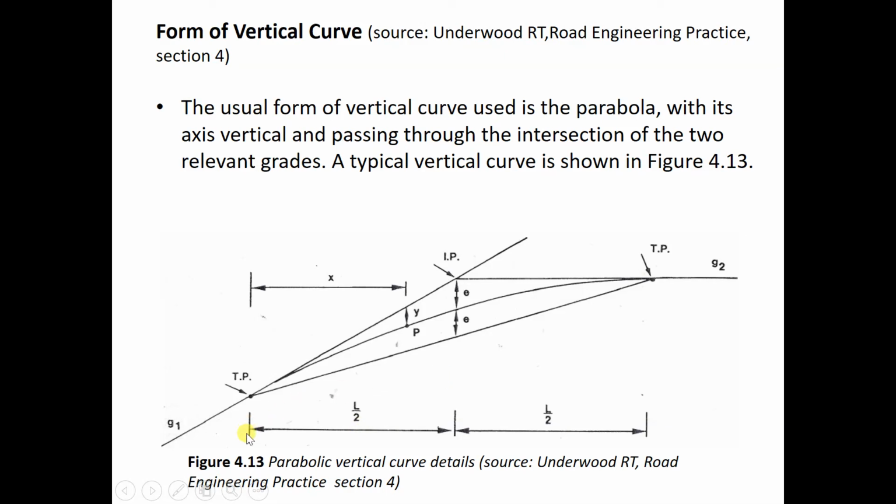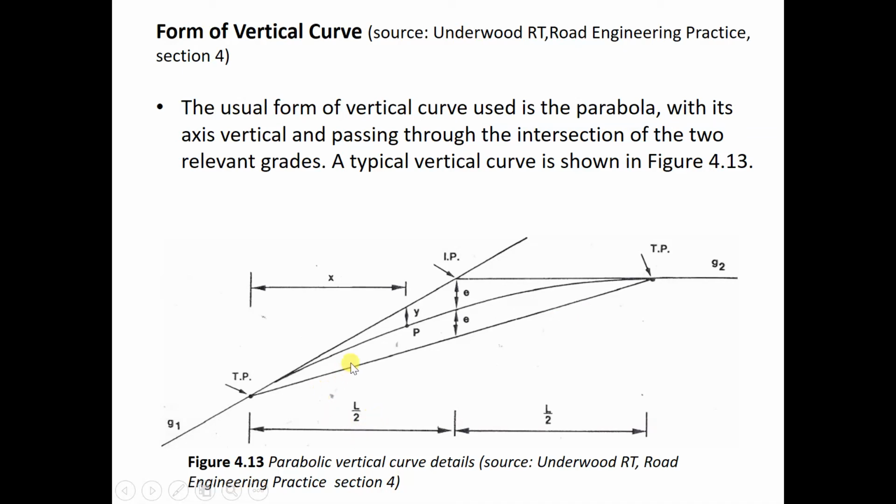The whole length is L. From the intersection point to the tangent point is L divided by 2 on both sides, for a symmetrical vertical curve.